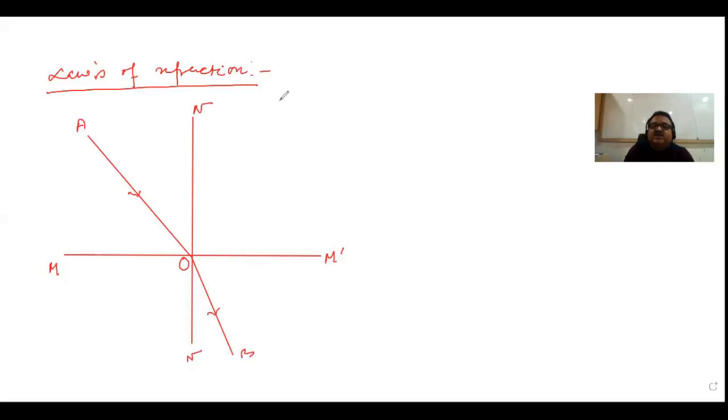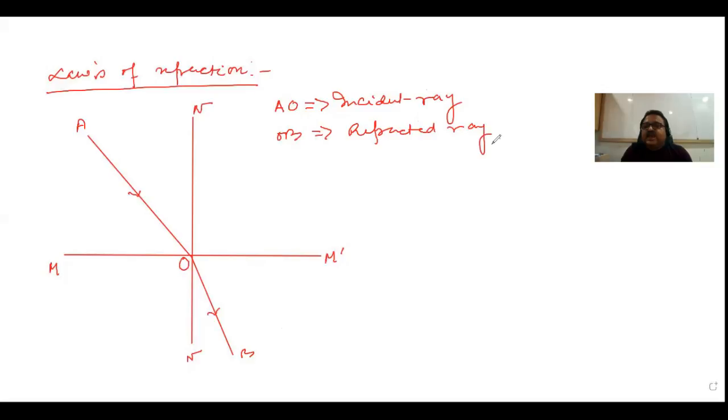First of all, the ray AO is called the incident ray. The ray OB is called the refracted ray.